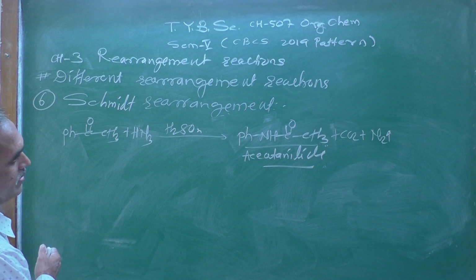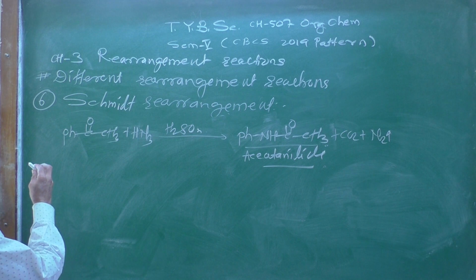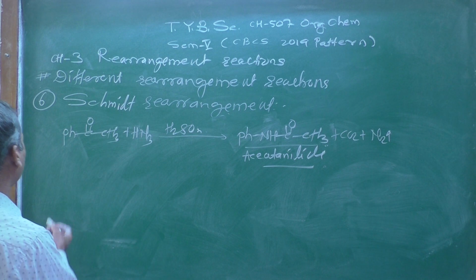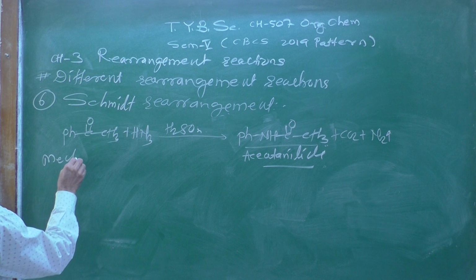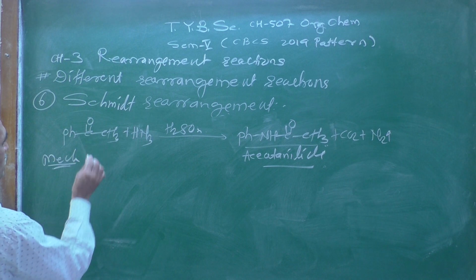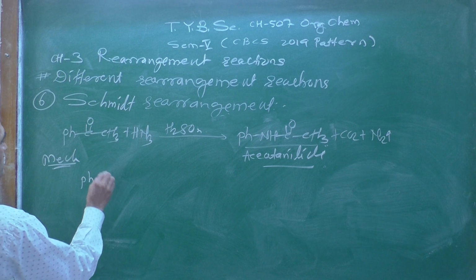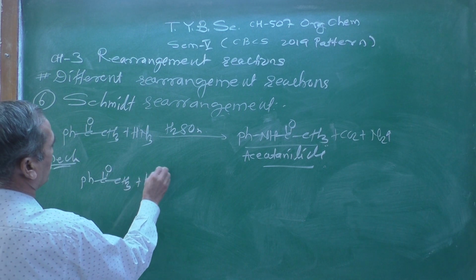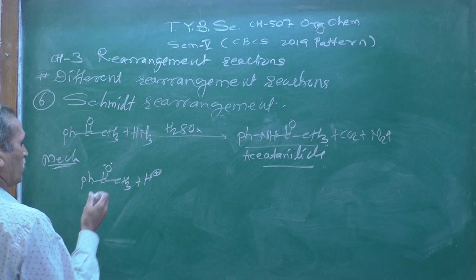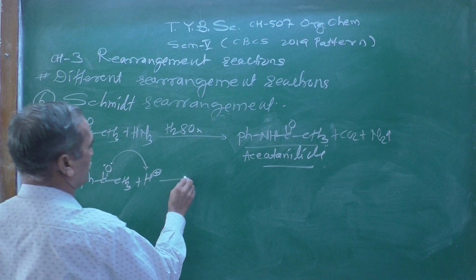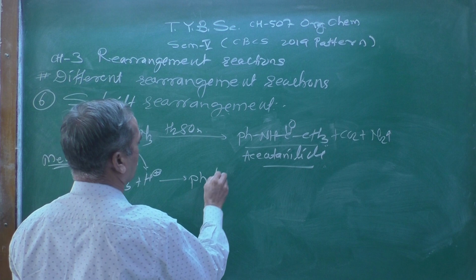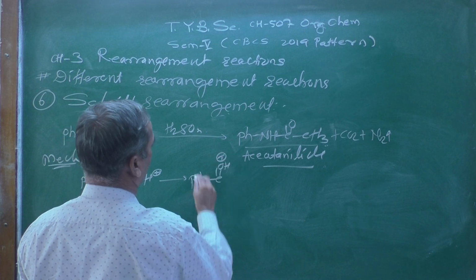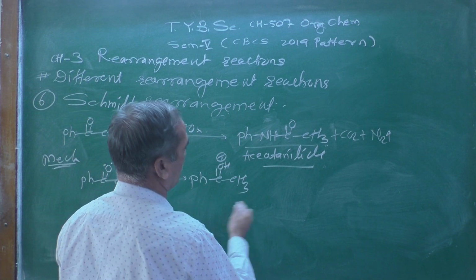Now let us see how one can show the mechanism here. First, Ph, C double bond O, then CH3. The carbonyl oxygen will pick up the proton from here. We will be getting Ph, C double bond OH, positive charge over here, then CH3.